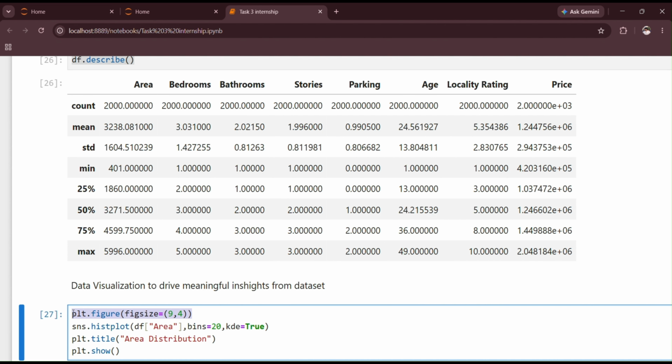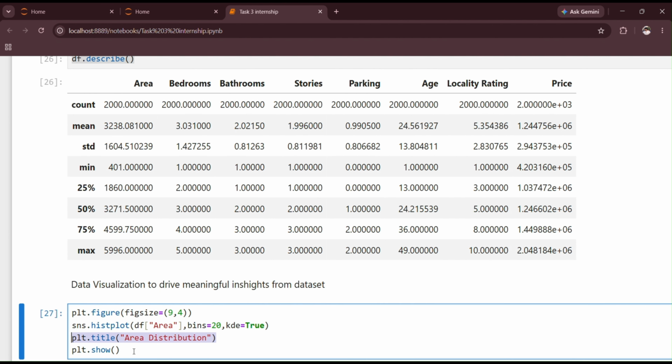Then we used sns.histplot, indicating that the histogram will be plotted on the area column. Bins equals 20 indicates that there will be 20 bars in the histogram. KDE equals True means we need a bell curve in the histogram. Then we gave the title to our graph, that is, Area Distribution.